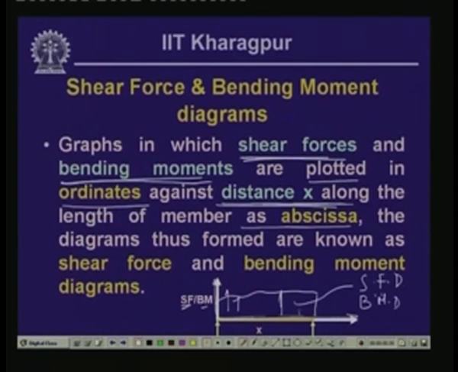This is how we can arrive at the variation of shear force and bending moment along the length of the beam. Now we will explain how shear force and bending moment diagrams can be plotted for different kinds of loading and different kinds of beams, as we have categorized, either a simply supported beam or a cantilever beam.